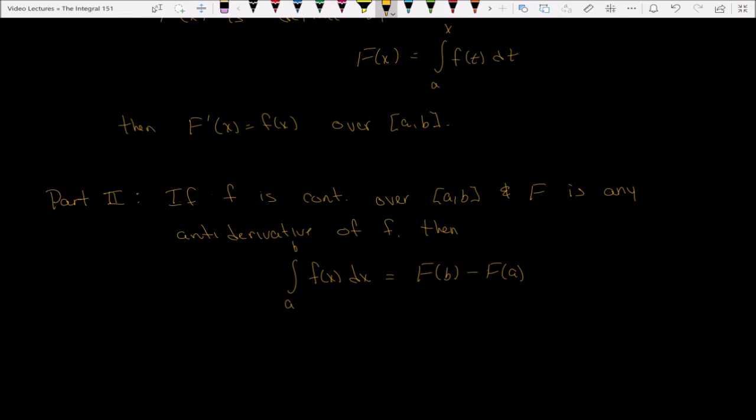So what the second part says is to evaluate an integral from a to b, first find any antiderivative of the function, then evaluate that antiderivative from a to b, meaning you evaluate it at b and subtract the evaluation at a.